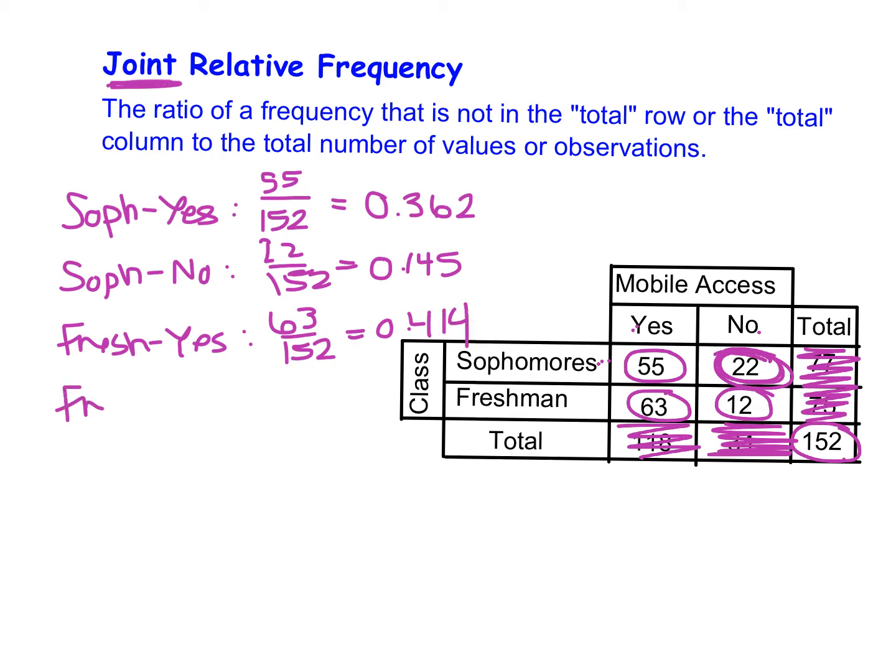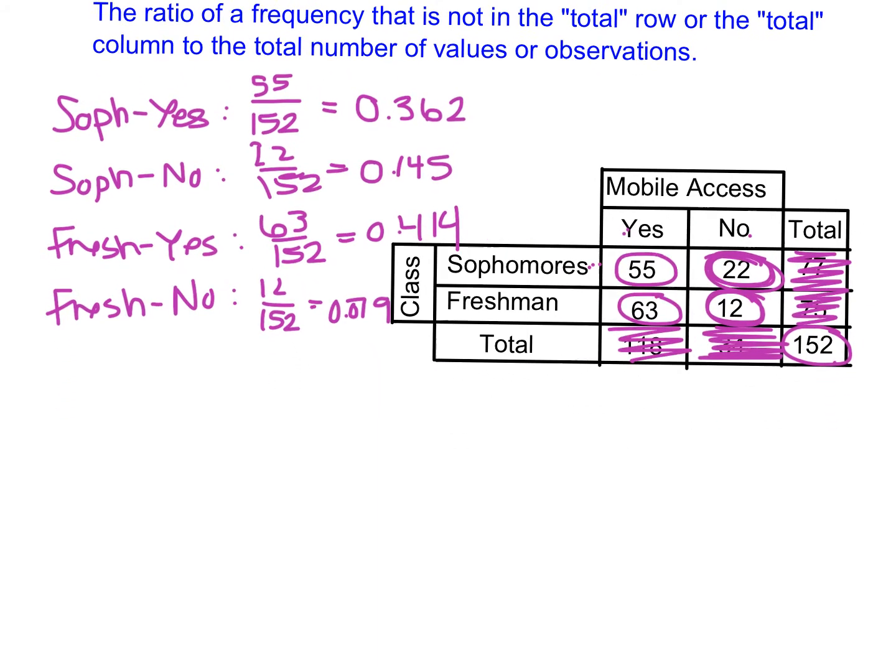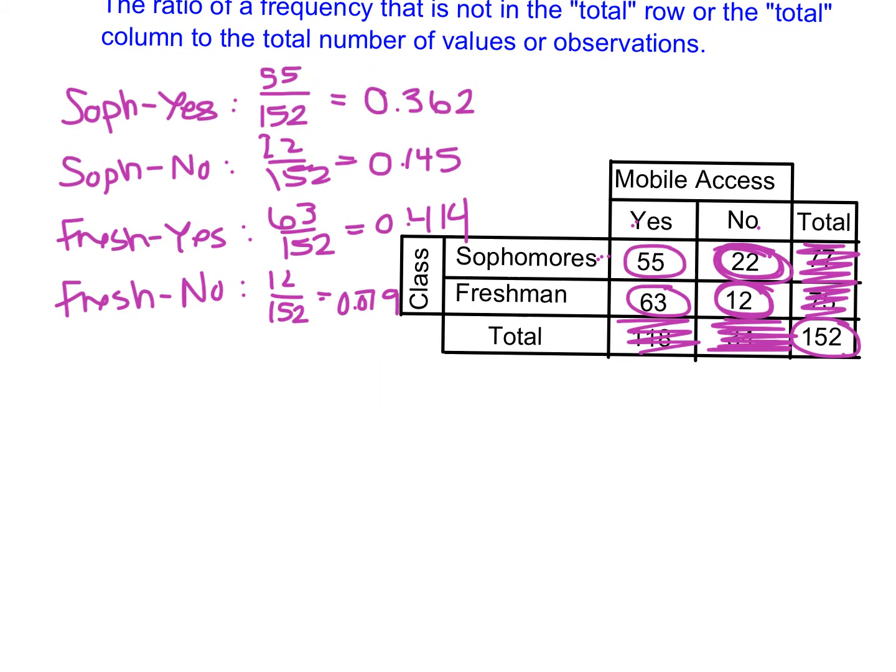And then I can find the joint relative frequency of freshmen and no, which will be found by taking 12 over 152, which is 0.079. So basically what's happening here is we are just taking those joint frequencies where there's two things occurring and dividing them by the total.